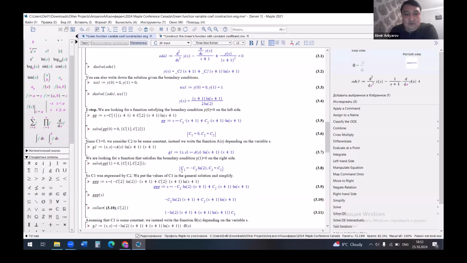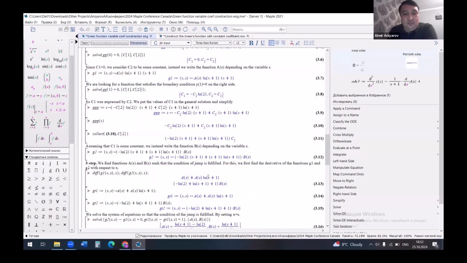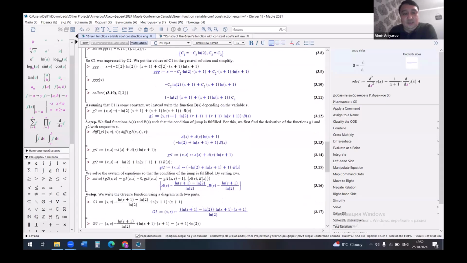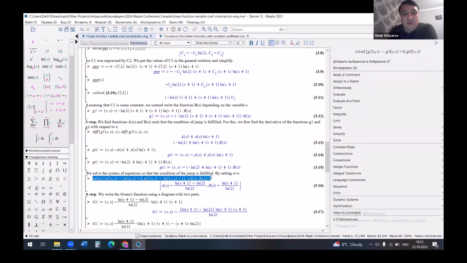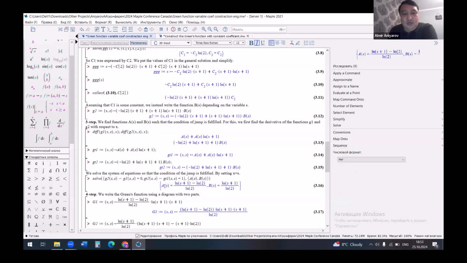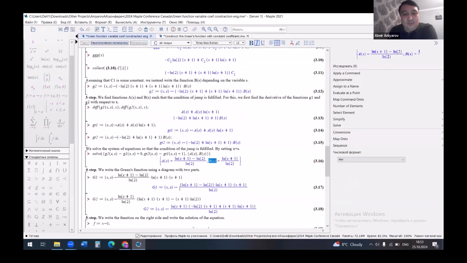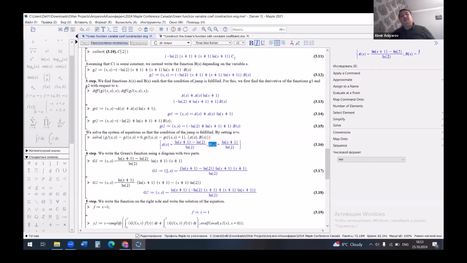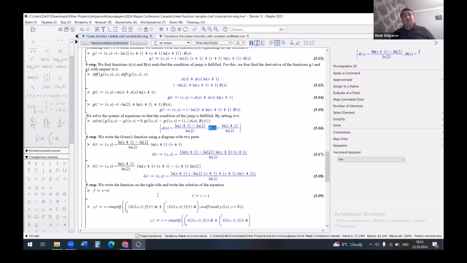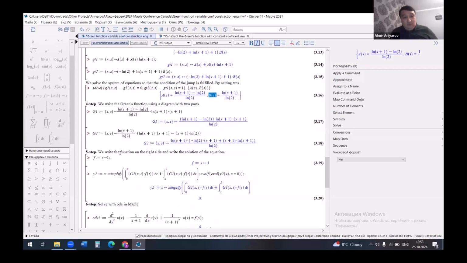I find the coefficients A1, B1, C1. In the third step, we solve the boundary conditions, jump condition, and continuity conditions. I find these coefficients.